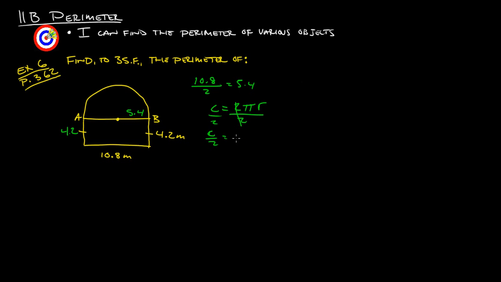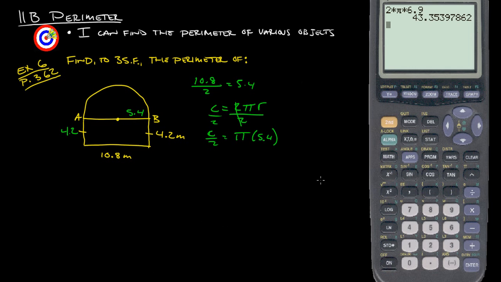Anyway, half of our circumference is going to be pi times 5.4. So we clear this out, and then we do pi. It's usually best to use your actual pi button instead of 3.14 because it starts throwing off your significant figures a little bit. So pi times 5.4, and we get 16.96.